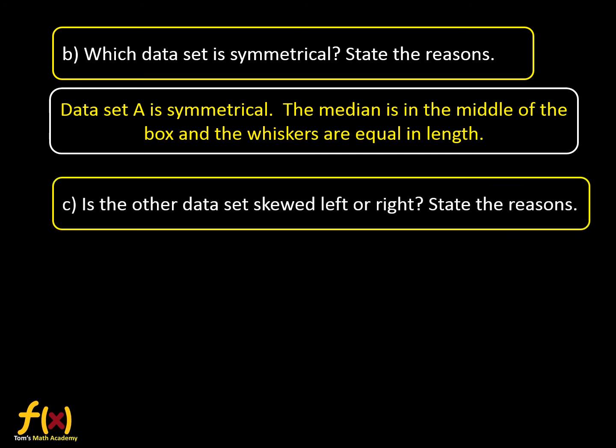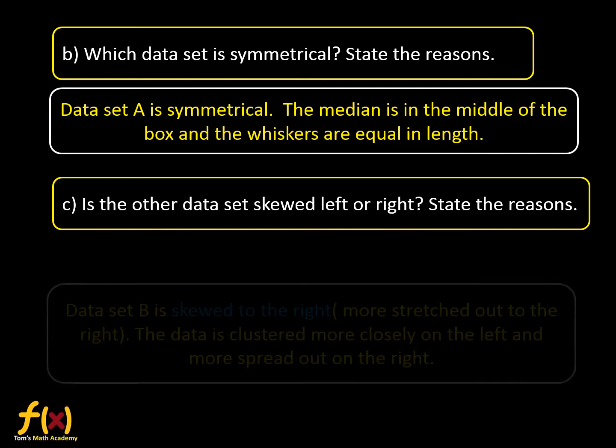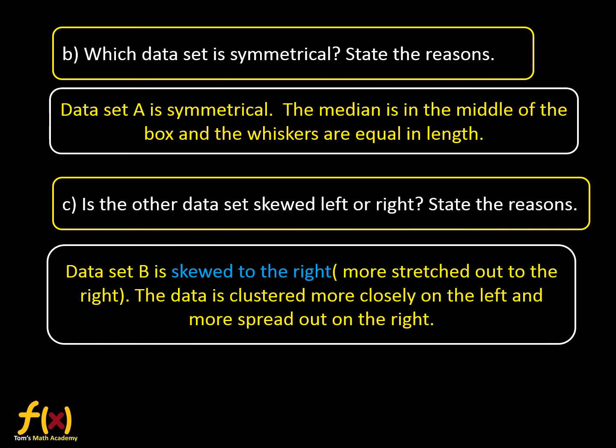Question C. Is the other data set skewed to the left or right? Skewness. It's also another knowledge about the box and whisker diagram. State the reasons. So we are going to answer that. Data set B is skewed to the right. You can concentrate on the box. More stretched out to the right.